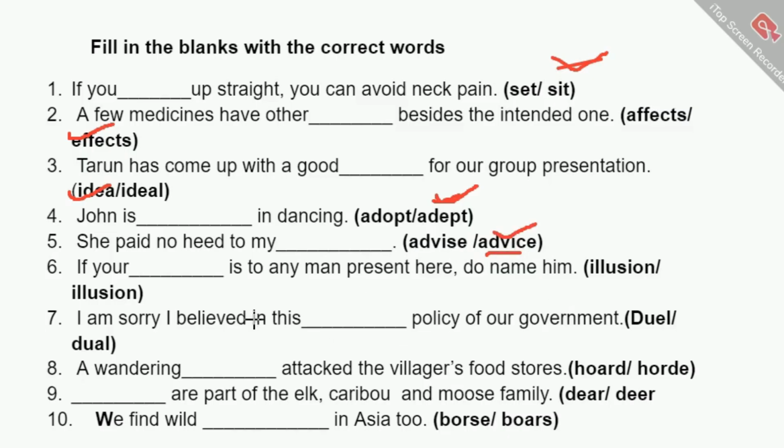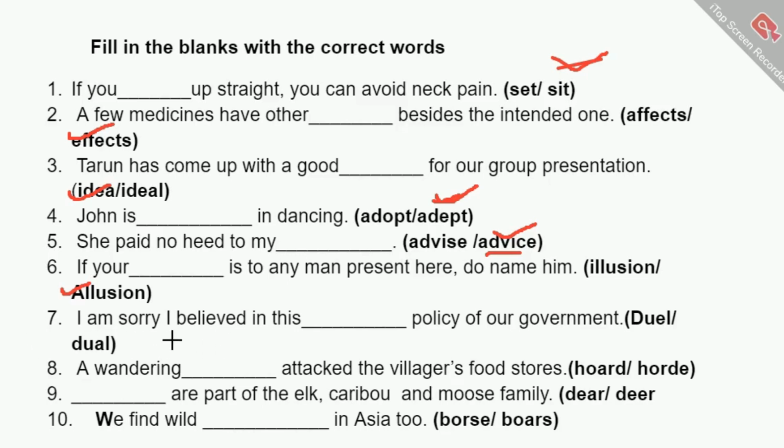Next we have: if your dash is to any man present here, do name him. Illusion or allusion, with I or A? A, because it shows an indirect reference to a person or event, meaning alluding to someone or something. Next we have: I'm sorry, I believe in this dash policy of our government. Dual or duel?